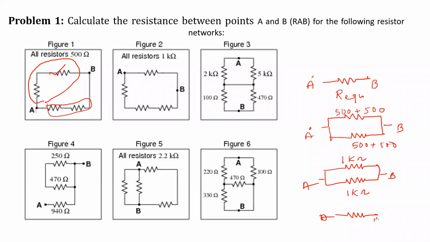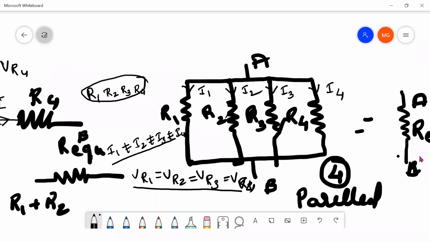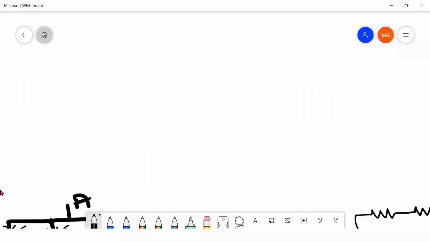Okay. Then what about these 1 k ohm and 1 k ohm? Then can you say that these 2 are connected in parallel? Obviously, because we do find 2 paths for the flow of the electrons from the point A to B. Keeping that point in our mind, 1k and 1k, they are connected in parallel. Then what is the equivalent resistance of this?